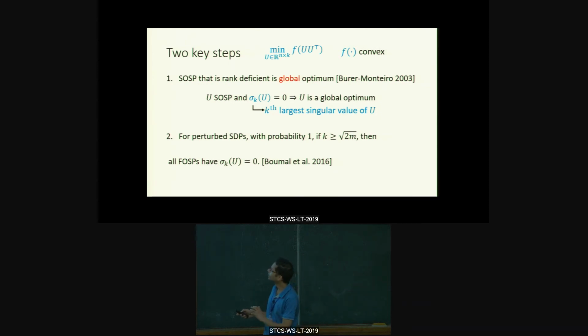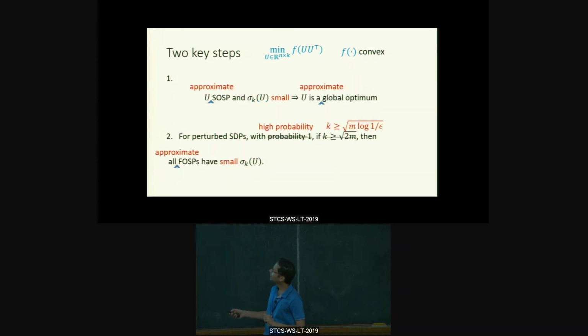And our work here is to make all of this robust, meaning that if I have an approximate second order stationary point and sigma k of U is small, then U is an approximate global optimum. And similarly for perturbed SDPs, with high probability, if k is greater than square root of m log 1 over epsilon, all approximate first order stationary points have small sigma k of U. So the main work is to take whatever steps have been established previously and make them robust, so that we can say something about approximate second order stationary points rather than exact second order stationary points.